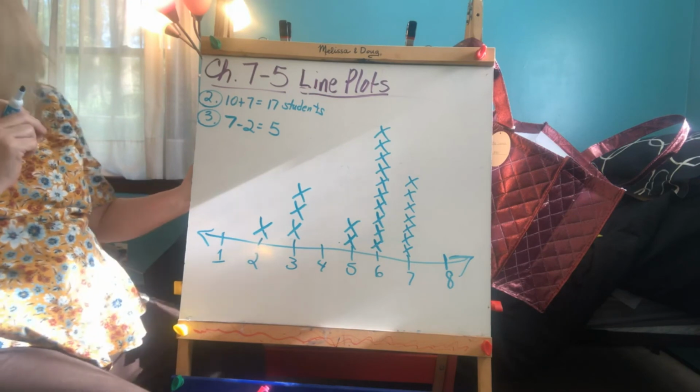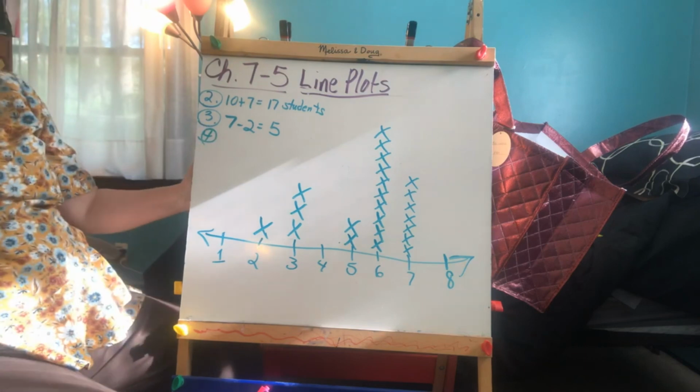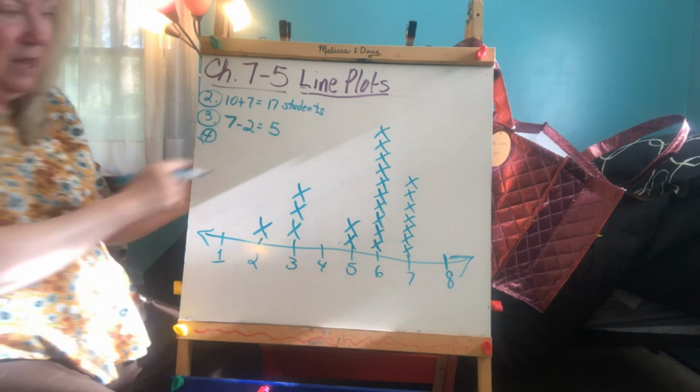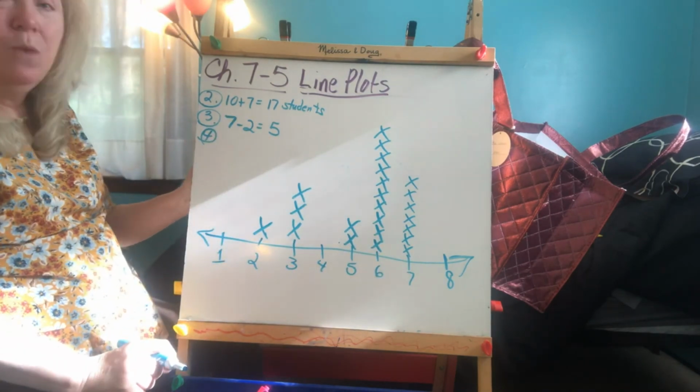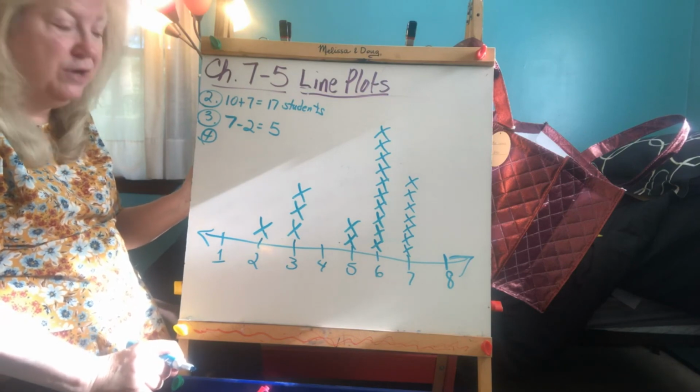And then question 4 asks us, what is the mode for the data in this line plot? And then we have to explain. So remember what mode is. Mode is the answer that occurs most frequently.